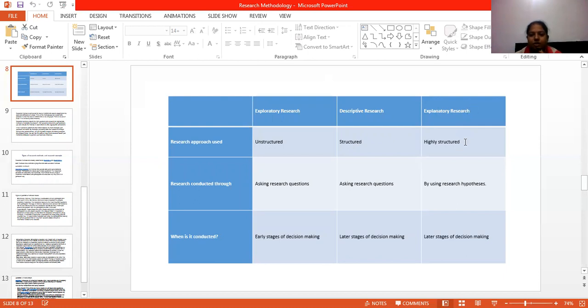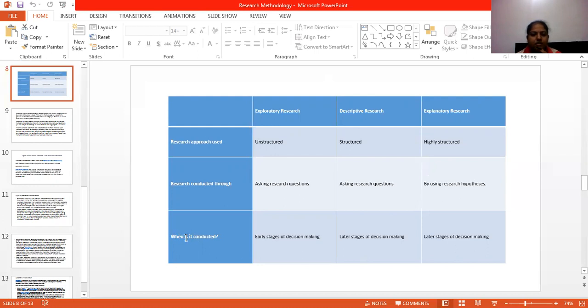Research is conducted through asking research questions for exploratory research, asking research questions for descriptive research, and by using research hypothesis for explanatory research.